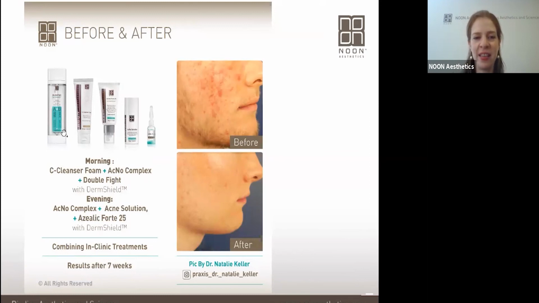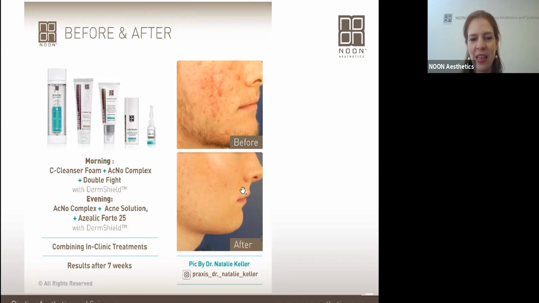He got the double fight, the A and B. Also, for the evening, he got the azelaic forte to give him a bit of a boost for the anti-inflammatory because he had so many wounds and so much inflammation. The acne solution and the acne complex, because you can see by yourself, his face is very, very aroused and very, very red.